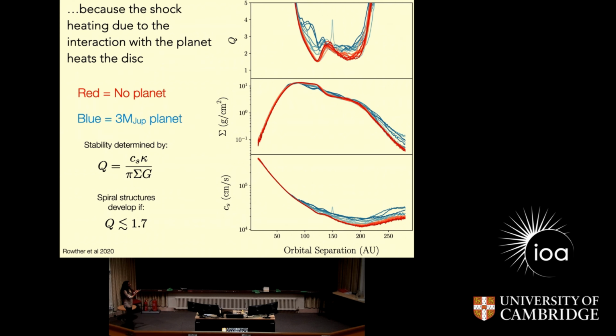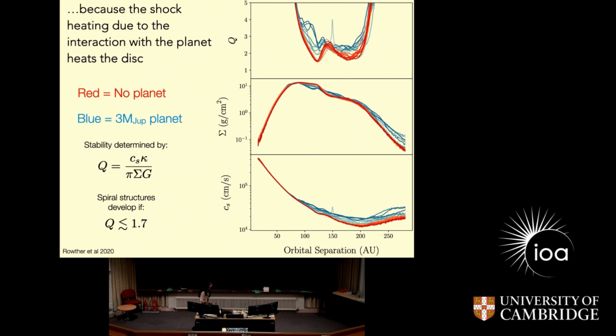In the case of the red lines, of course, there's nothing changing in that simulation, so the temperature doesn't change at all. But in the case where you do have the planet, that's causing the disk to heat up. So you see that the darker blue lines are higher up here, and that's what's contributing towards a higher value of Q and simply the disk becoming more stable.